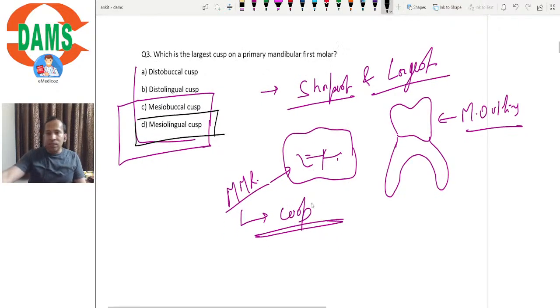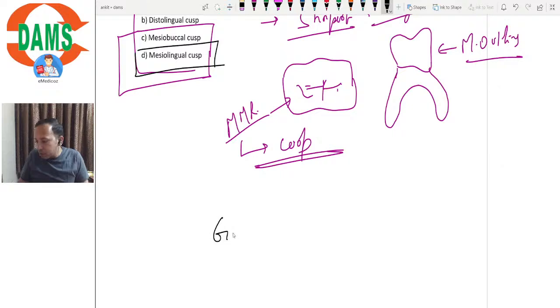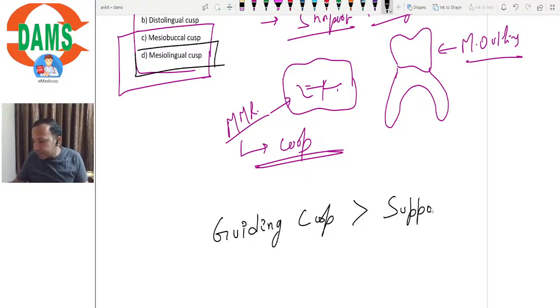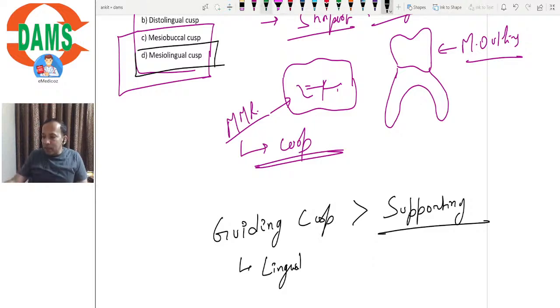So the rule is that the guiding cusp is sharper as compared to the supporting cusp, right? And in case of mandibular teeth, which is the guiding cusp? It is the lingual cusp that is the guiding, and the supporting cusps are the buccal cusps.